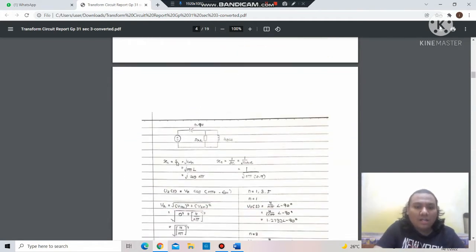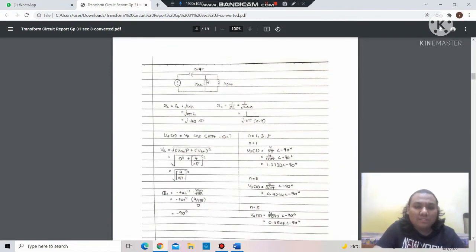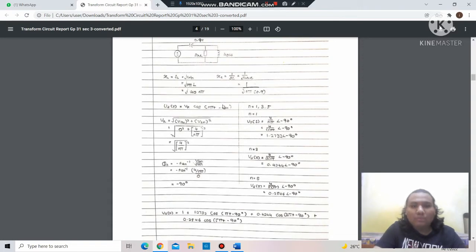After that, we must define the XL for this circuit. XL is j n omega, and XC is 1 over j n omega C, with C equal to 0.9. We need to find the VR and delta n.